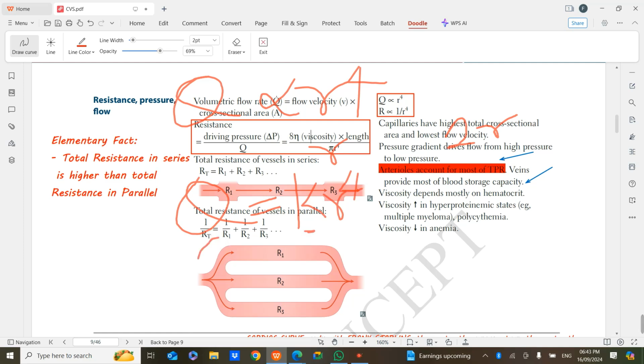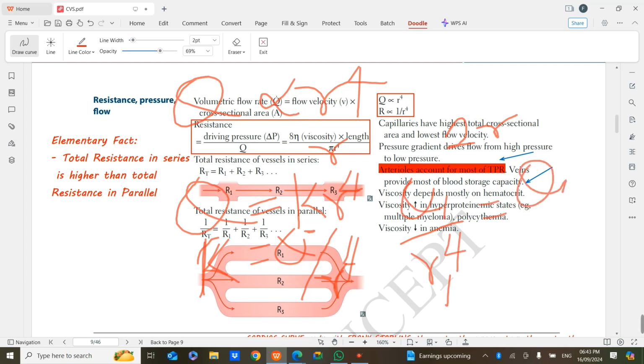So this will turn to K is equal to Q divided by R raised to power 4. That is how you get your K. Anytime you take Q divided by R raised to power 4, you must get a constant. So that is what gives us Q1 divided by R1 raised to power 4 equals Q2 divided by R2 raised to power 4.